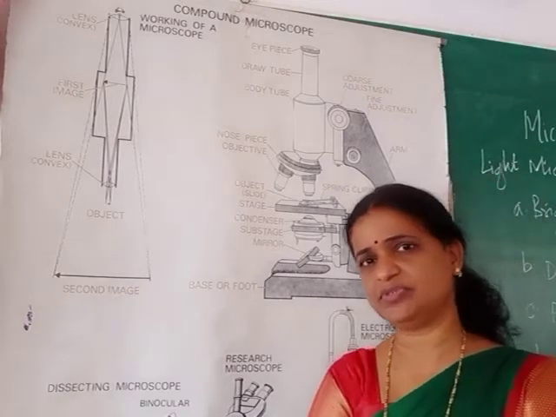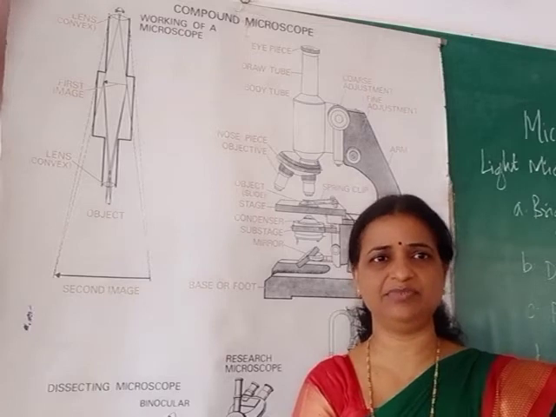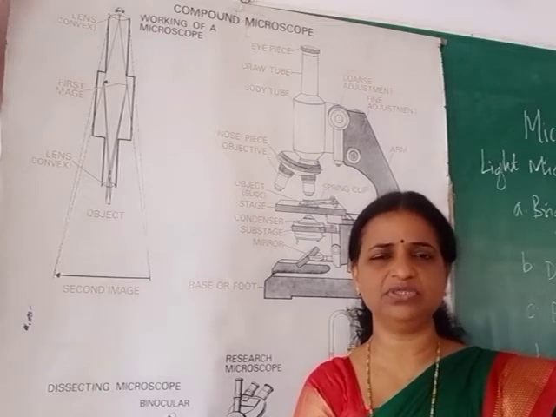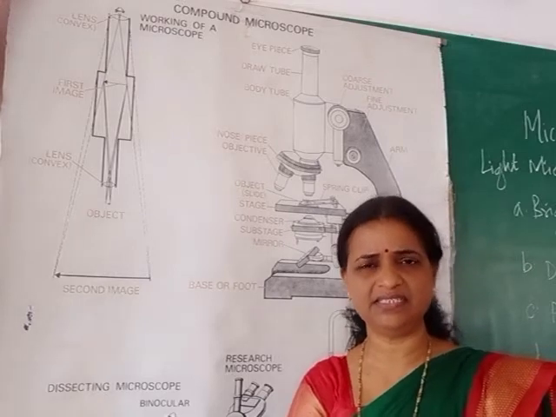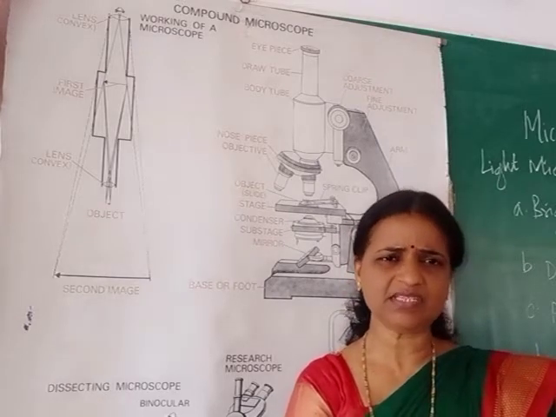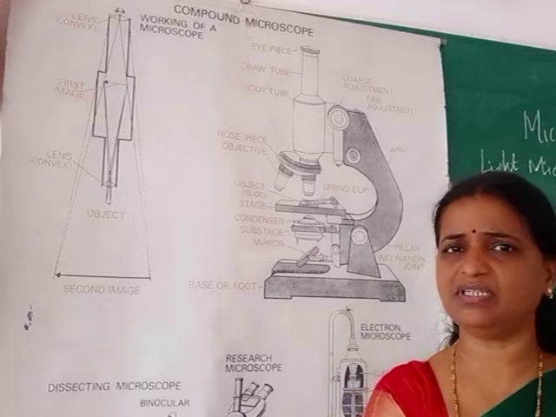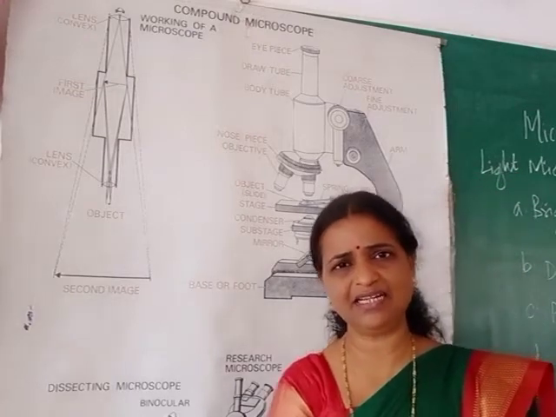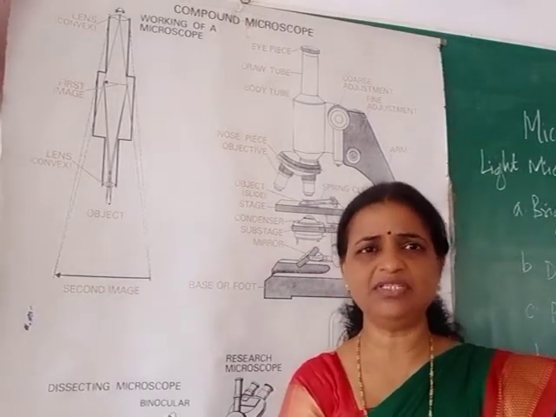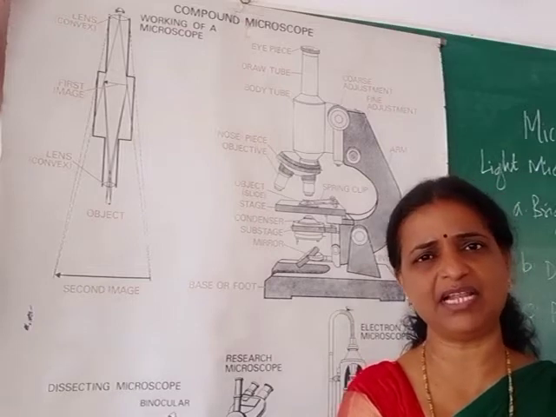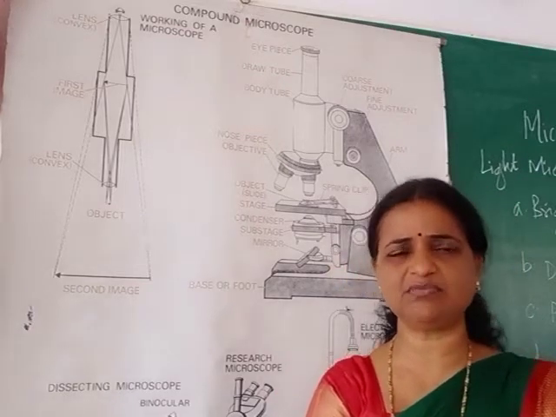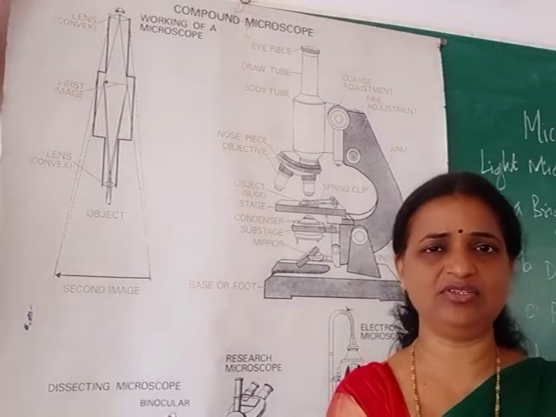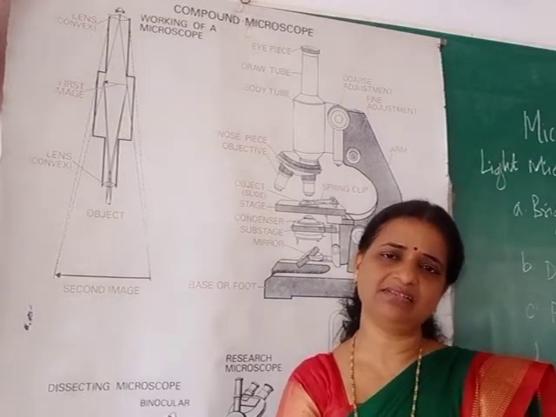Basically, microscopes are divided into different types. One is the light microscope and another is the electron microscope. Under the light microscope, different forms of light are used for the illumination of the object; the object is focused by illuminating it with light, and those microscopes are called light microscopes.